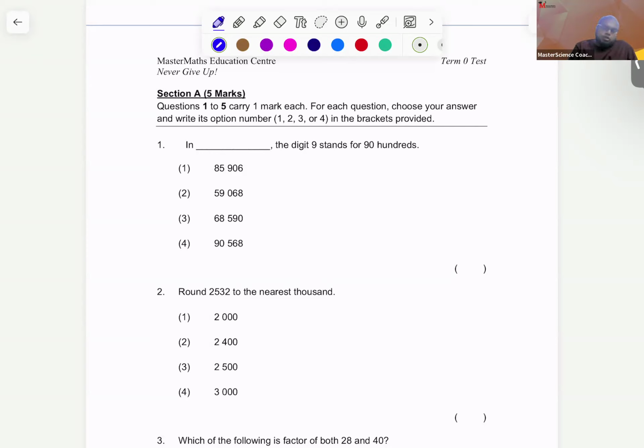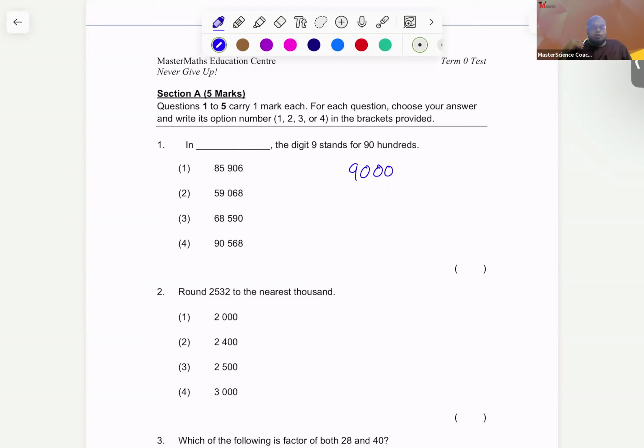So if I put 2 zeros behind 90, what number am I looking for? 9,000. So I must look at the 4 options, see which one the digit 9 is a 9,000.